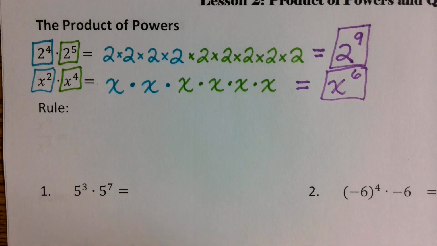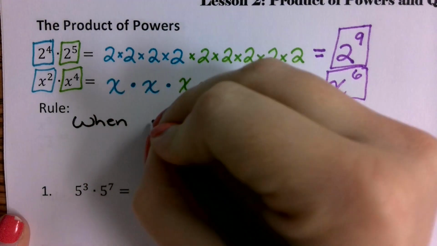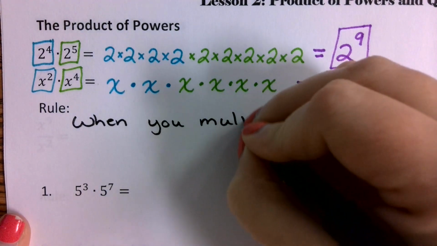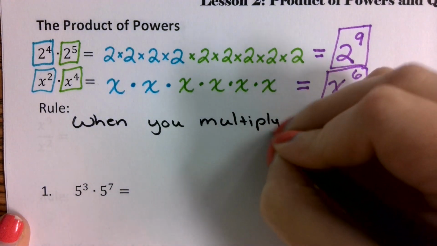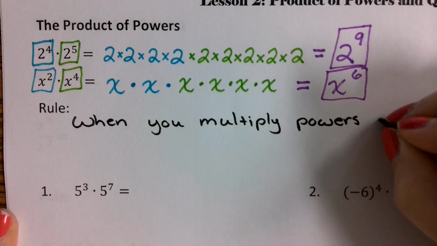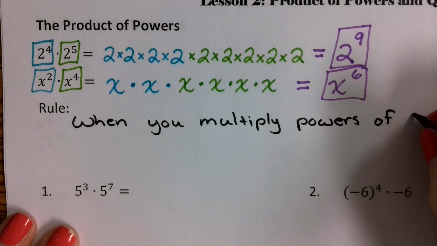So let's write the rule down. When you multiply, so if you're multiplying your powers and they have identical bases, meaning they are both a base of 2, or both a base of -9, or both a base of y, okay, your bases are the same.